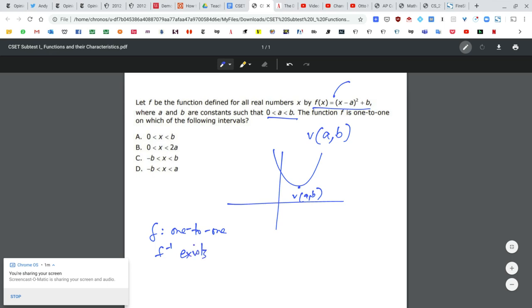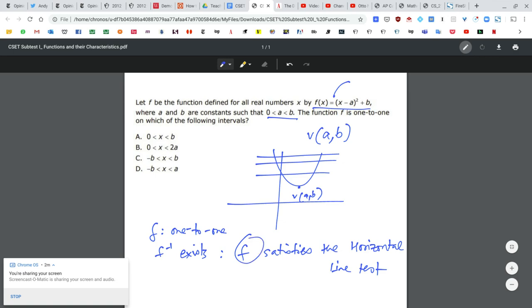Now, this is an interesting problem because if the inverse exists, then the function should actually satisfy the horizontal line test. Right now, it fails to satisfy the horizontal line test. So in other words, f satisfies the horizontal line test, and they're telling you the function is 1 to 1.